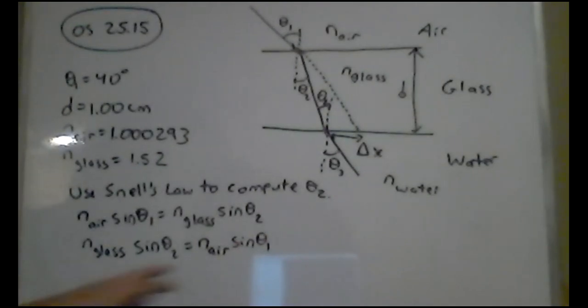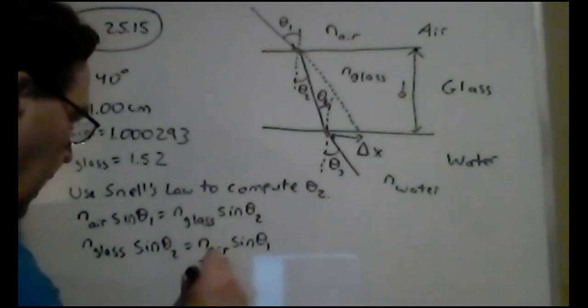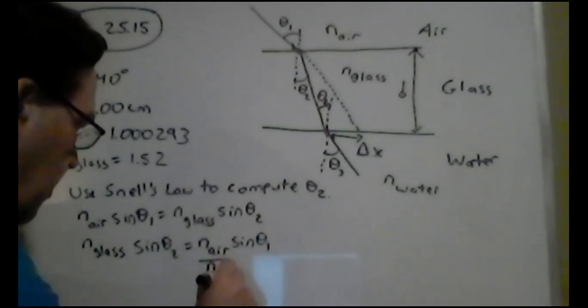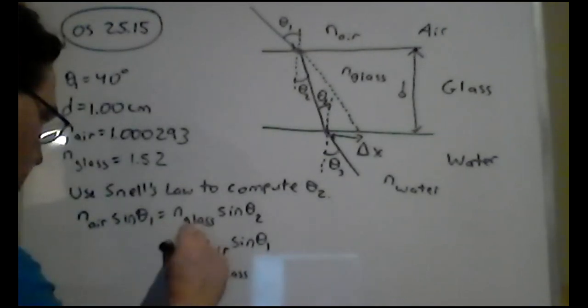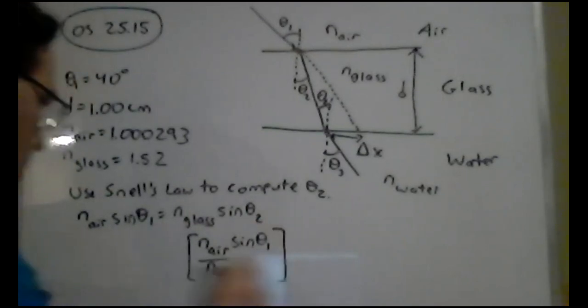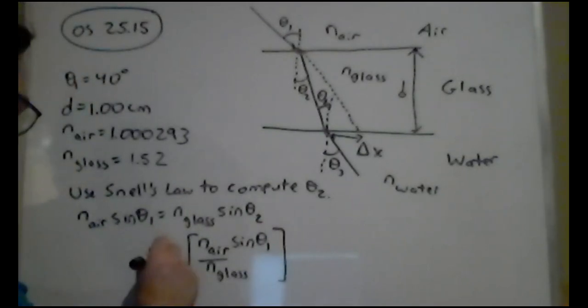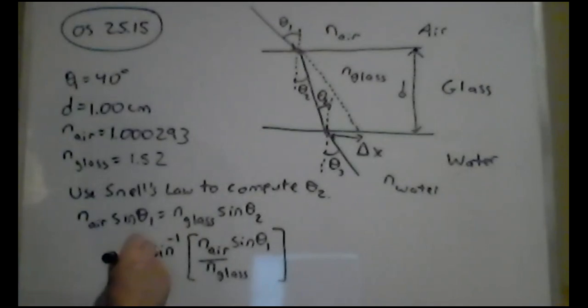I'm going to divide both sides by N glass. Then I'll take the inverse sine on both sides, or the arc sine, as they call it. That gives me theta 2.